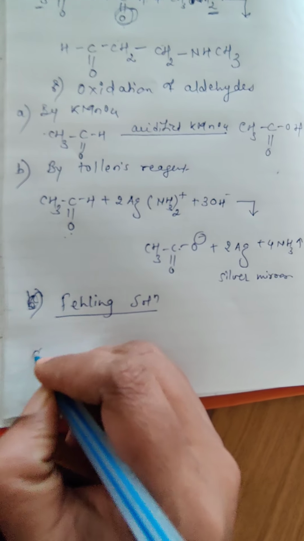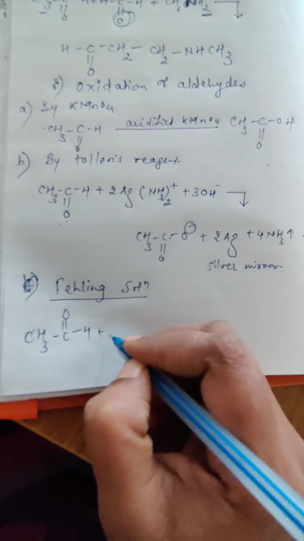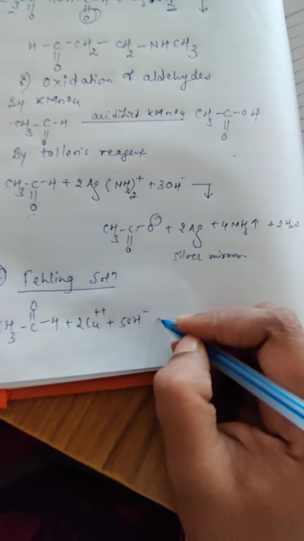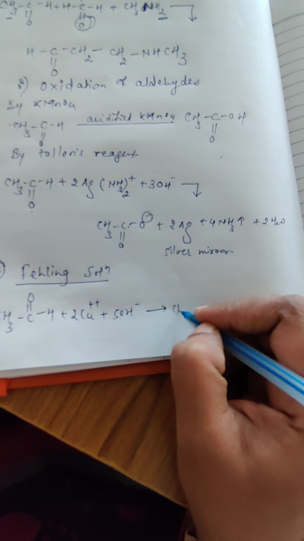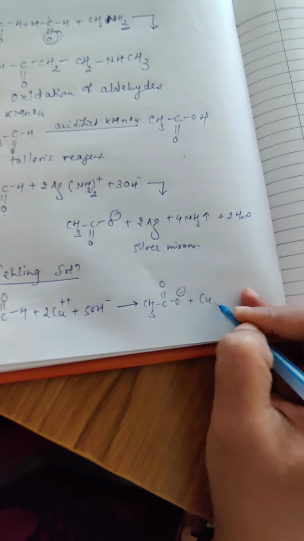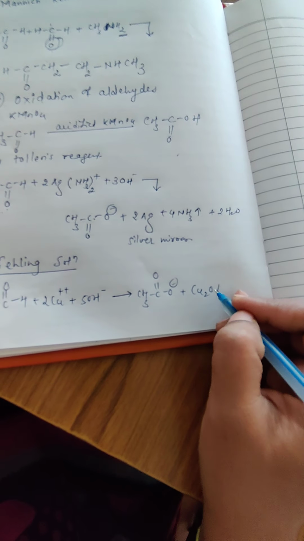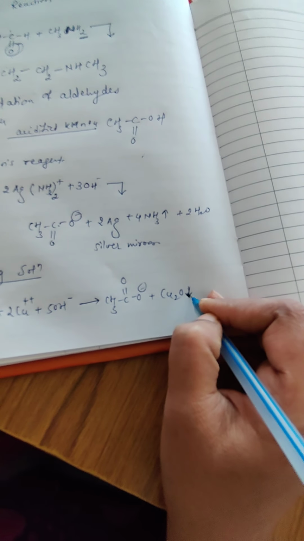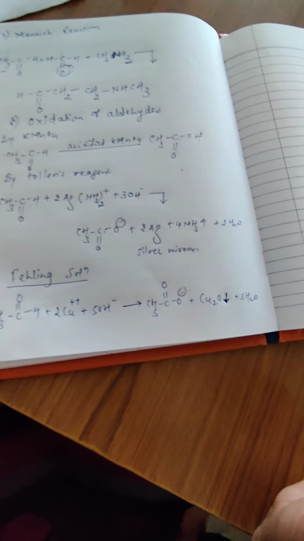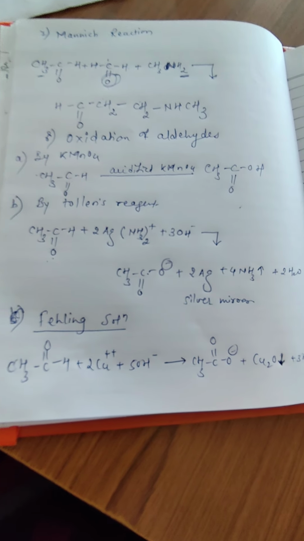So again we are writing that reaction. Here suppose we are taking acetaldehyde and the Fehling solution. So this is the Fehling solution. It oxidizes the aldehyde, and at the same time it precipitates cuprous oxide, which is a red precipitate. As it forms as a precipitate, I am writing a down arrow here, and a water molecule is removed here. So this is an oxidation reaction, that is, oxidation by Fehling solution.